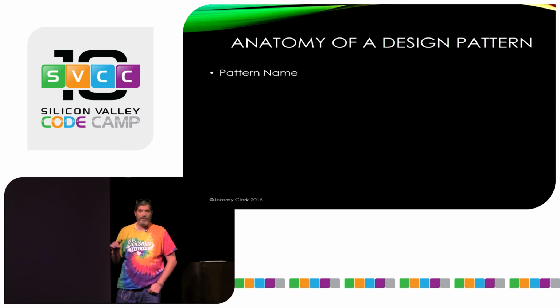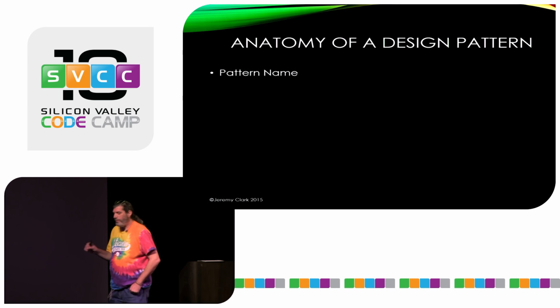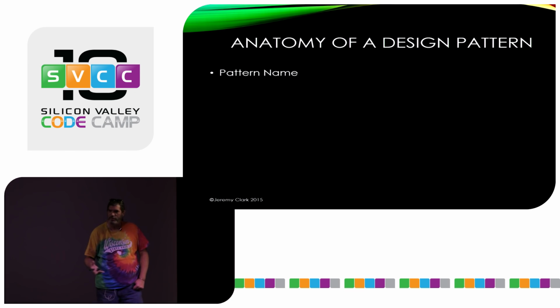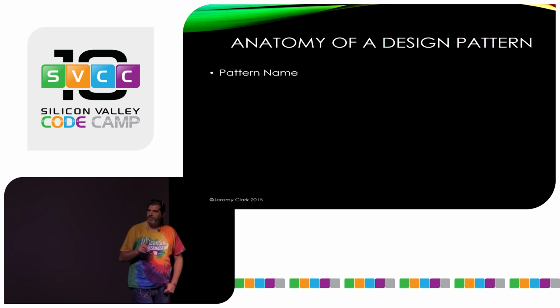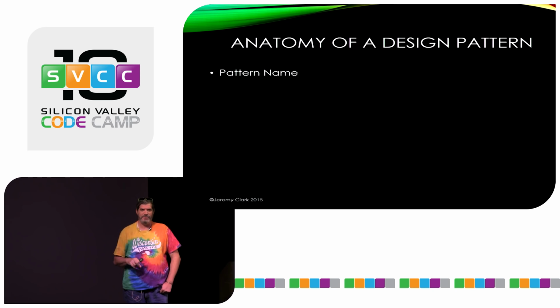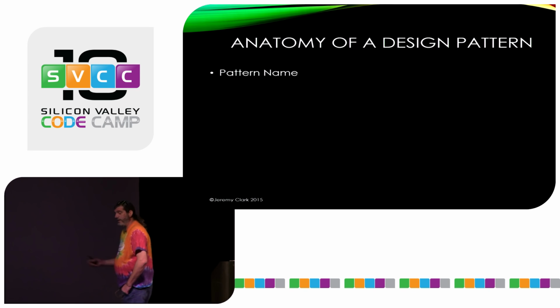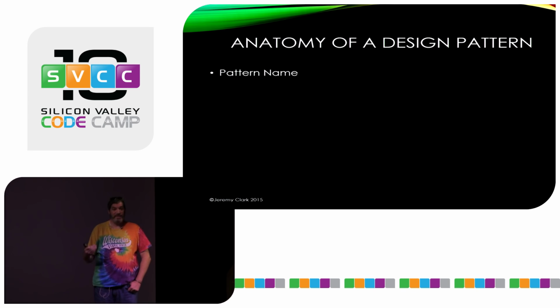The first is the pattern name. Hopefully this is something that describes either the problem that we're trying to solve or the solution, because this is what we're going to use in our everyday vocabulary. So we want this to really reflect what we're talking about. Now, the Gang of Four did have it easy because they were the first ones. So they got to pick things like bridge. That's a nice name for a pattern.